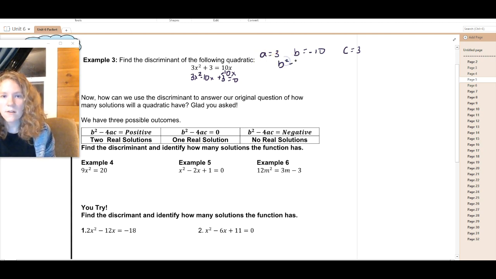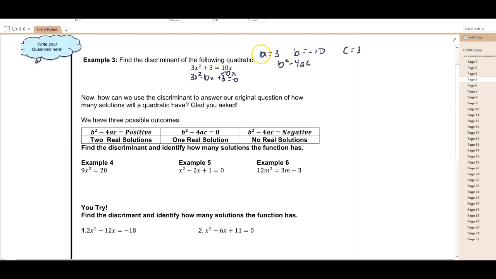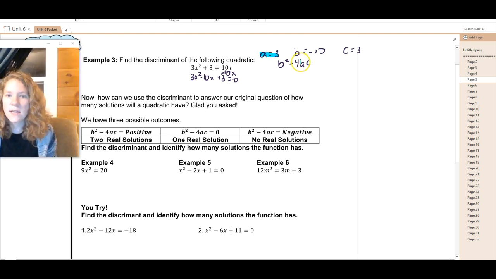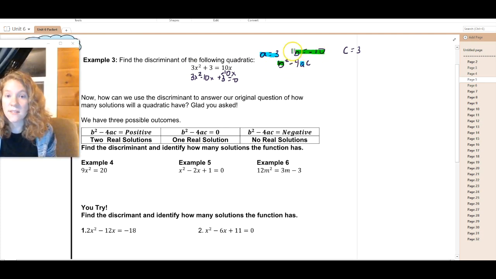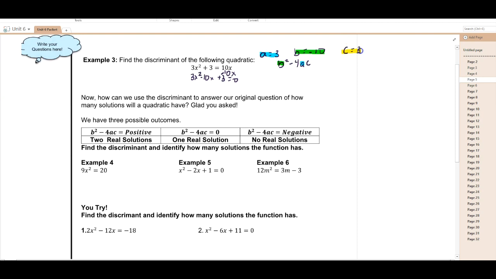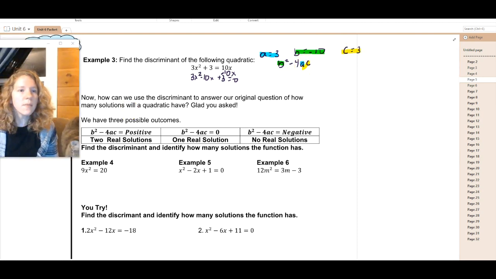It is b squared minus 4 times a times c. So my a is 3, and that's going to go right here. My b is negative 10, and that's going to go right here, making sure to put that in parentheses so that I square the negative. And then my c is right here, and that's going to go right here. Okay, so let's go ahead and plug those in.